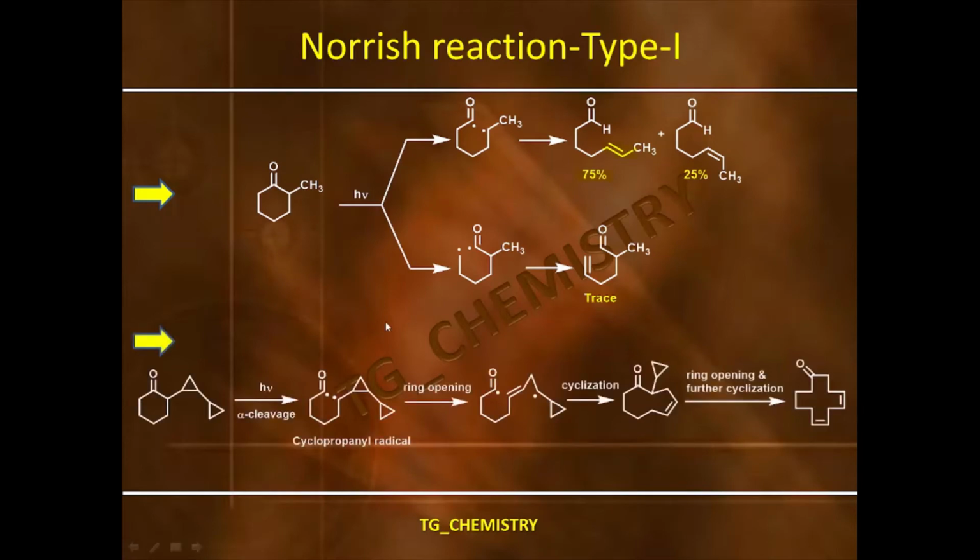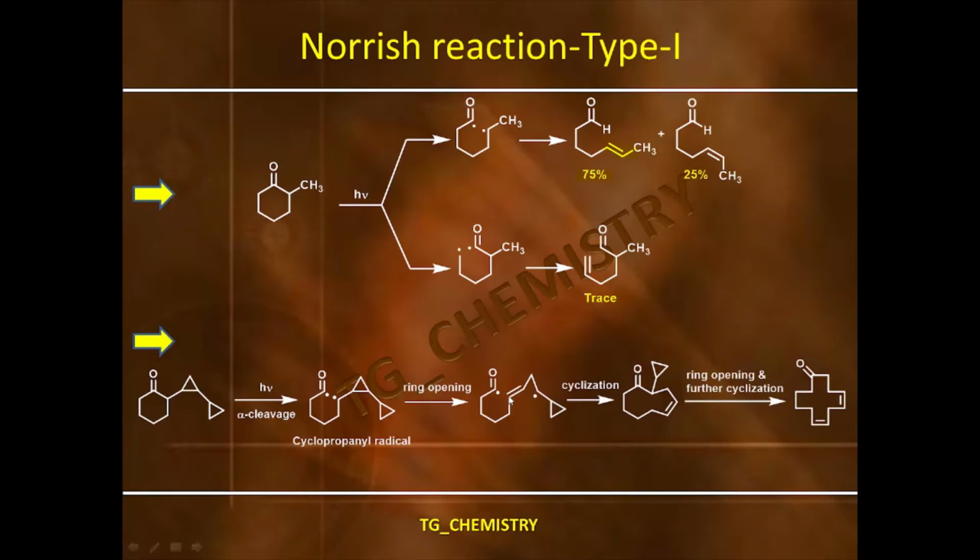Here is another example where the cyclohexanone ring is substituted at the alpha position with two cyclopropane rings joined with each other, and upon direct light on the compound, the alpha cleavage will take place and the more stable cyclopropanyl radical will form. Upon ring opening, the cyclopropane ring adjacent to the biradical formed by the initial alpha cleavage will open and form an olefin and again create the biradical system.